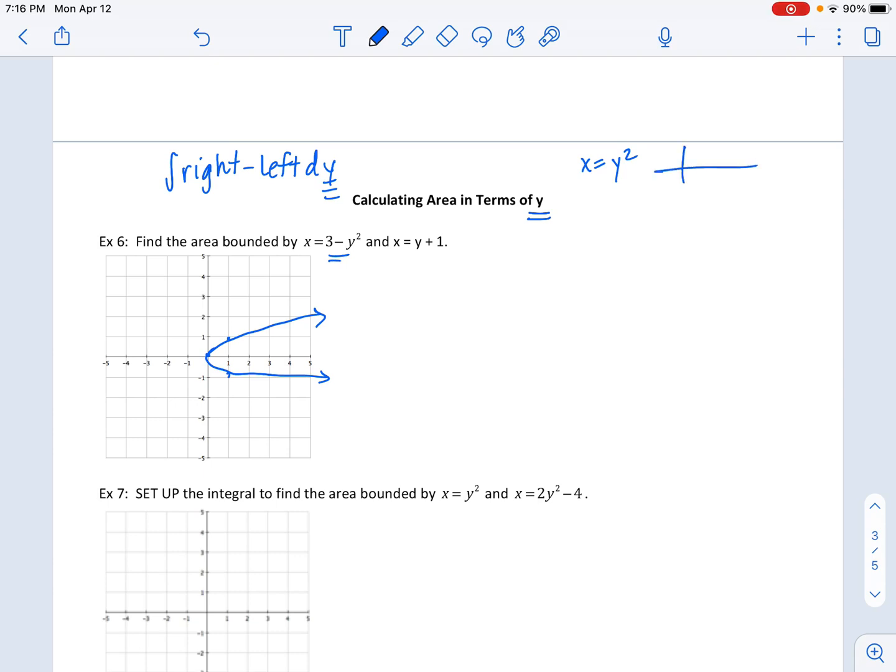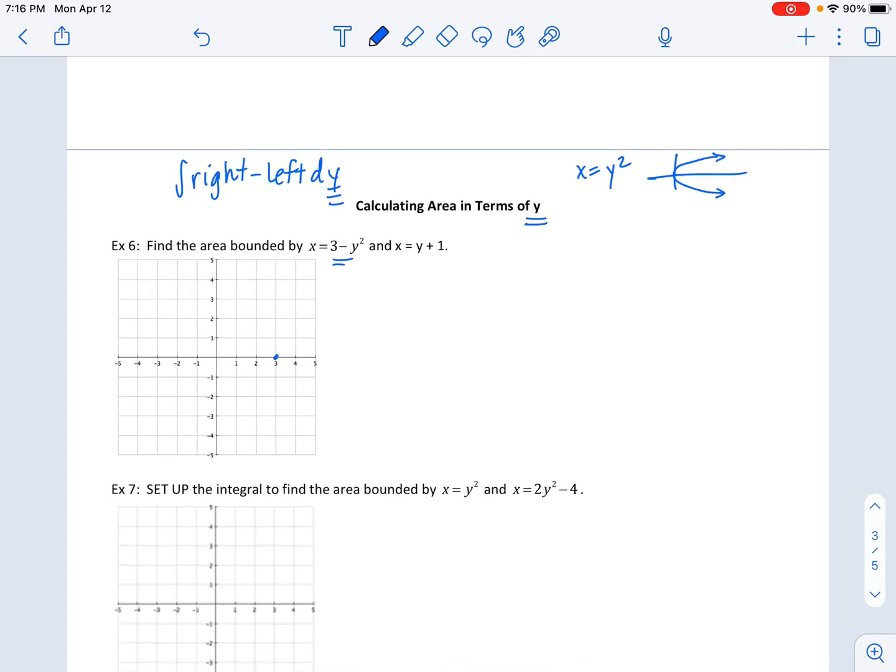Let me put this back up here. So x equals y squared is graphed at the top. That is just a little helpful for our question. The positive 3 means we're going to move it up 3 units, but again, thinking of the x-axis like the up that we would normally do.